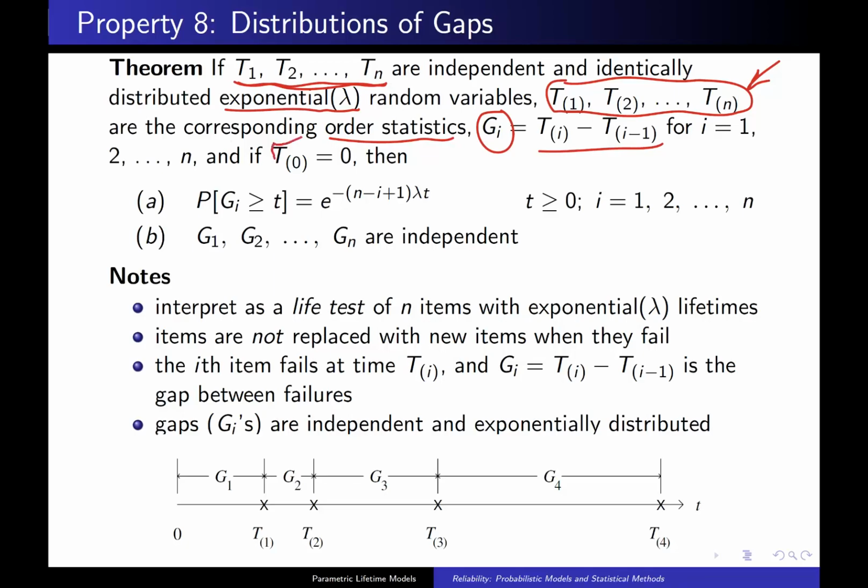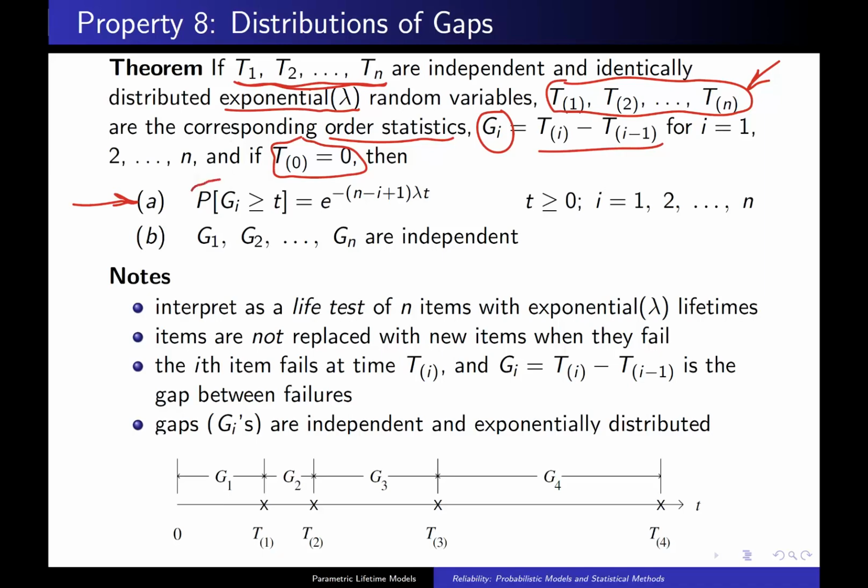n. And then if we arbitrarily set a 0th order statistic to be 0, then the following 2 results spill out. The first one says that the probability that G sub i is greater than or equal to t is e to the minus n minus i plus 1 lambda t.